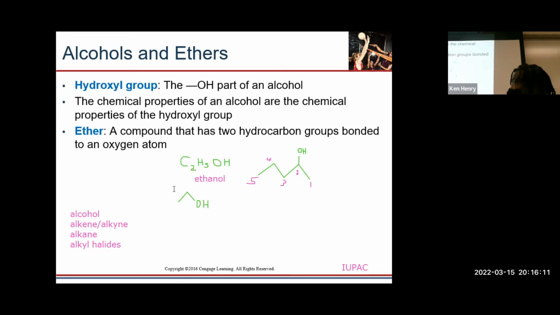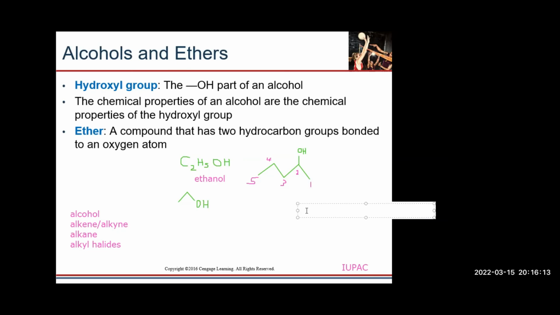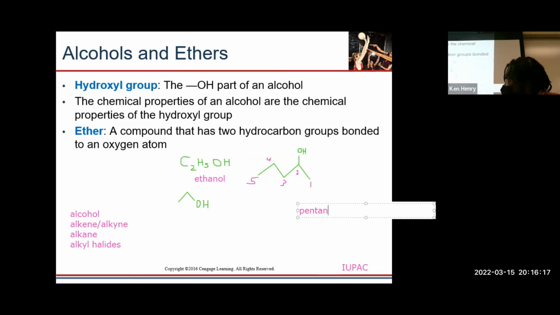Penta. Okay. Pentane chain. And then we know that there's an OH, so we put OL. And then we have to say where it's located. 2. So it'll be 2-pentanol.